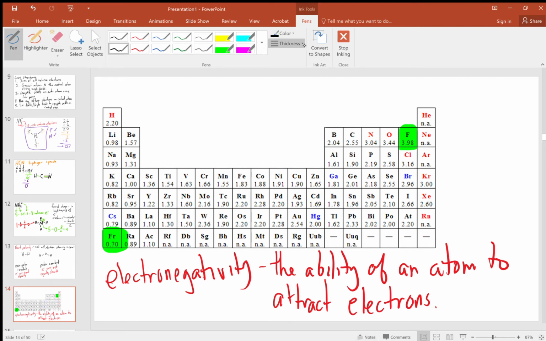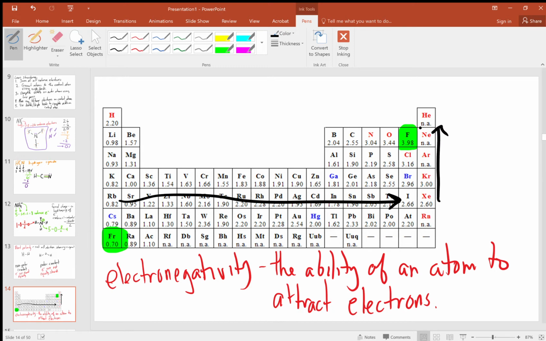So electronegativity increases to the right and increases going up.